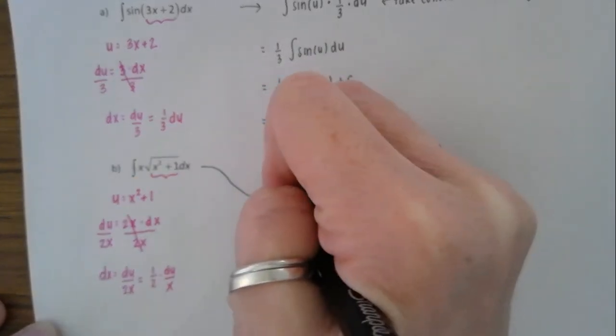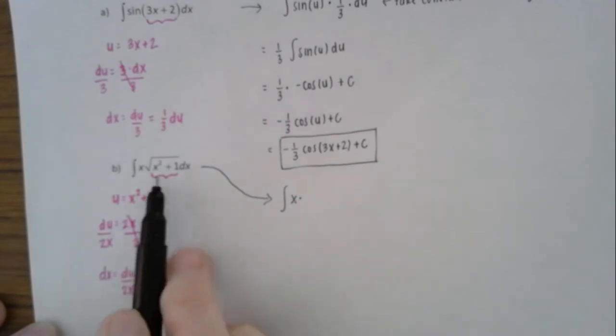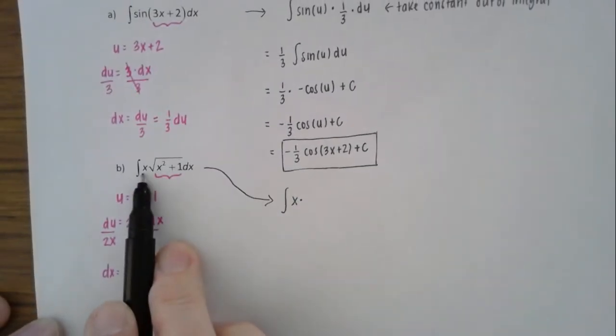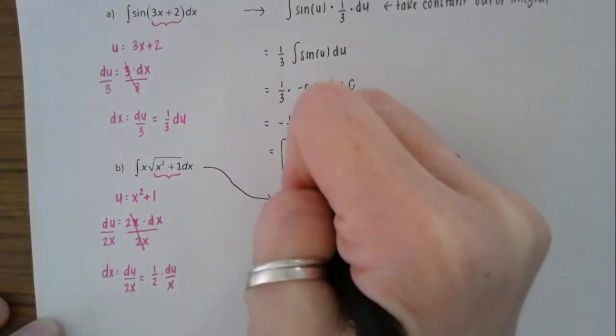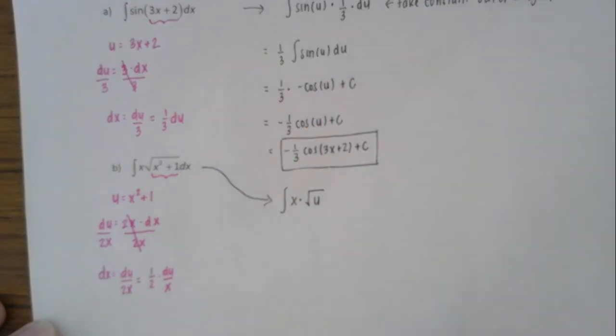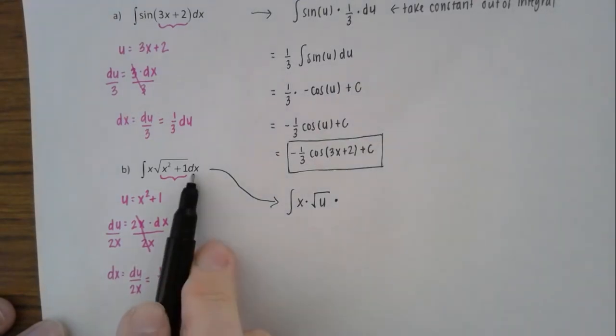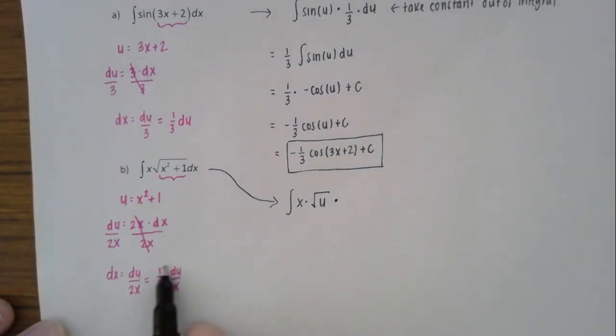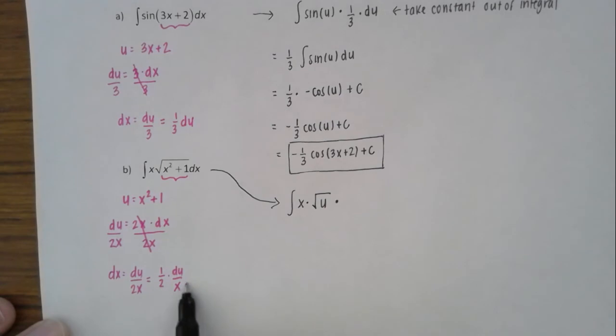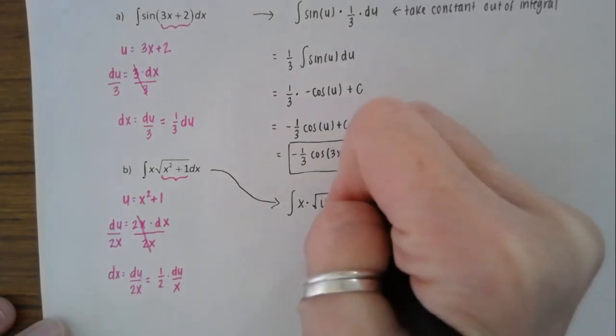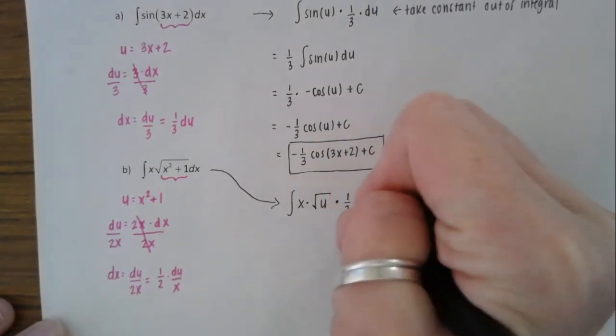So this is going to be the integral of x. Again, I didn't touch that outside x, so I don't want to do anything with that yet, but I'm going to go ahead and bring over the square root, substitute in my u for that x squared plus 1. And then I'm going to replace this dx with this version. So I'm going to replace it with the times 1/2 times du over x.